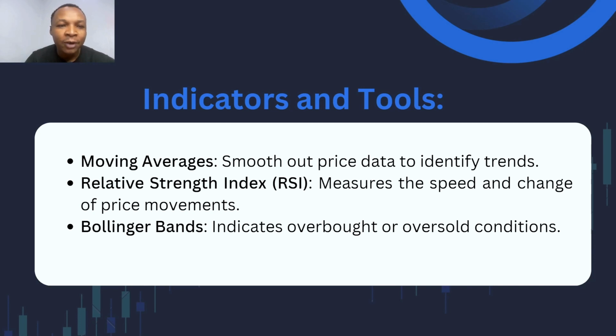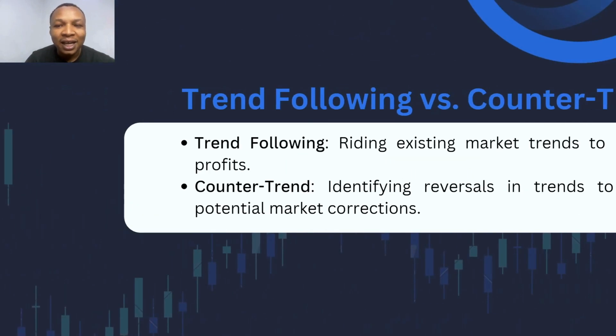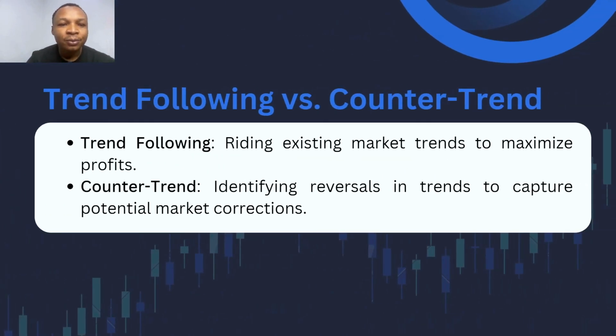A few tools are the trend line tools, the equidistant line tools, the Fibonacci retracement tools, and the likes of them. So every strategy should be showing you the tools that you'll be making use of while using that strategy.